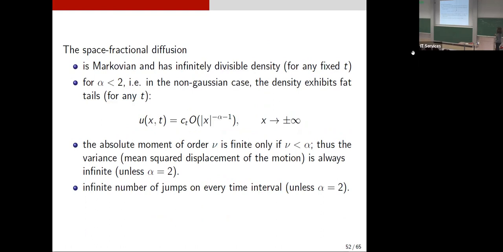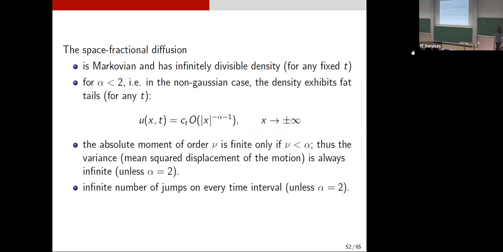The space fractional diffusion is, in this case, still a Markovian process, since the solution is the density of a Lévy process. For alpha less than 2, so in the non-Gaussian case, the density of this process has fat tails, which means that the decrease of its tails for x going to plus or minus infinity has a power law behavior.